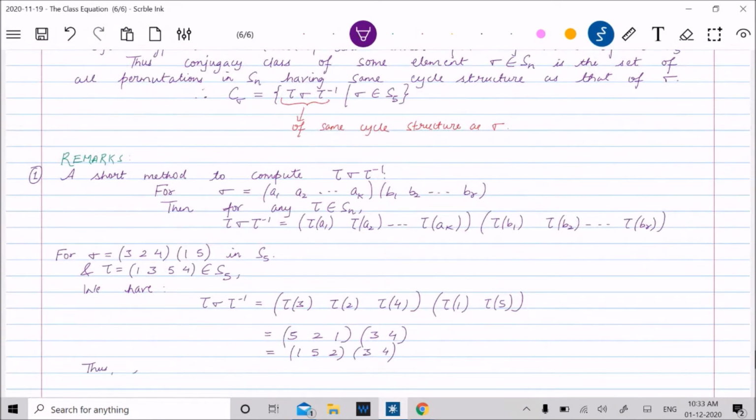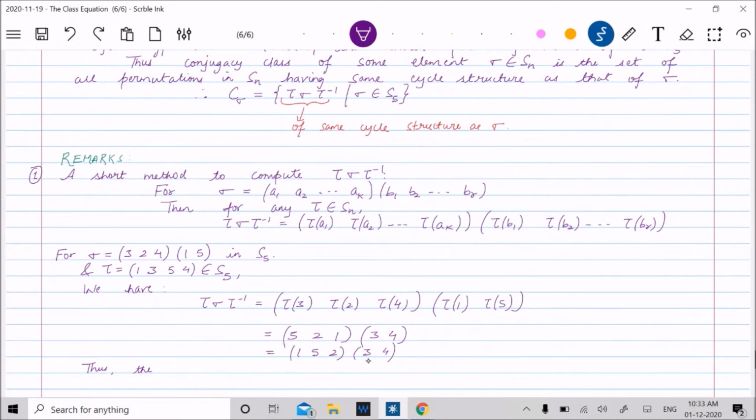So I will write: thus the numbers, the symbols, more precisely symbols. It's not necessary to write 1, 2, 3, 4, 5. Some people write X, Y, Z, P, Q. Some may write alpha, beta, gamma, A, B, C, D, E, or you may use symbols, star, hash, dollars, etc. Right?